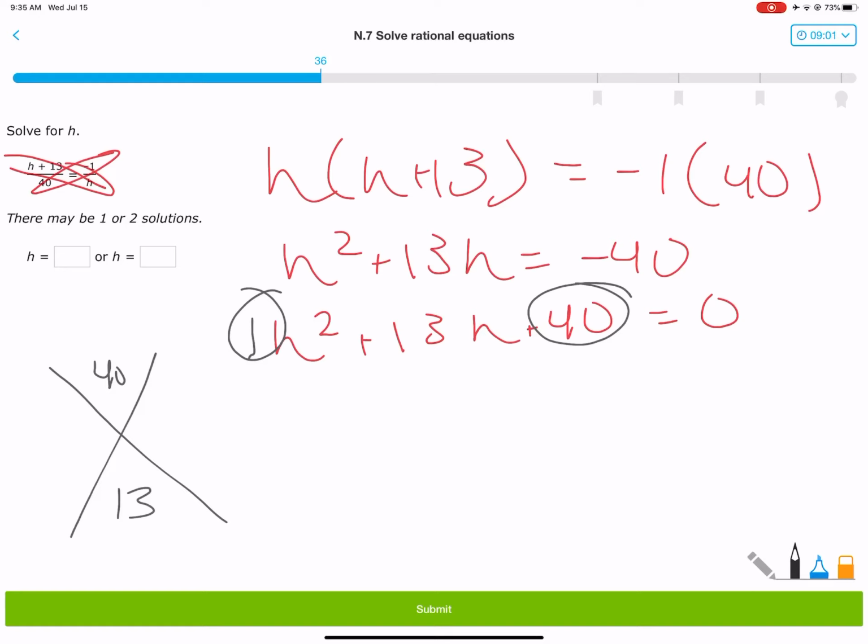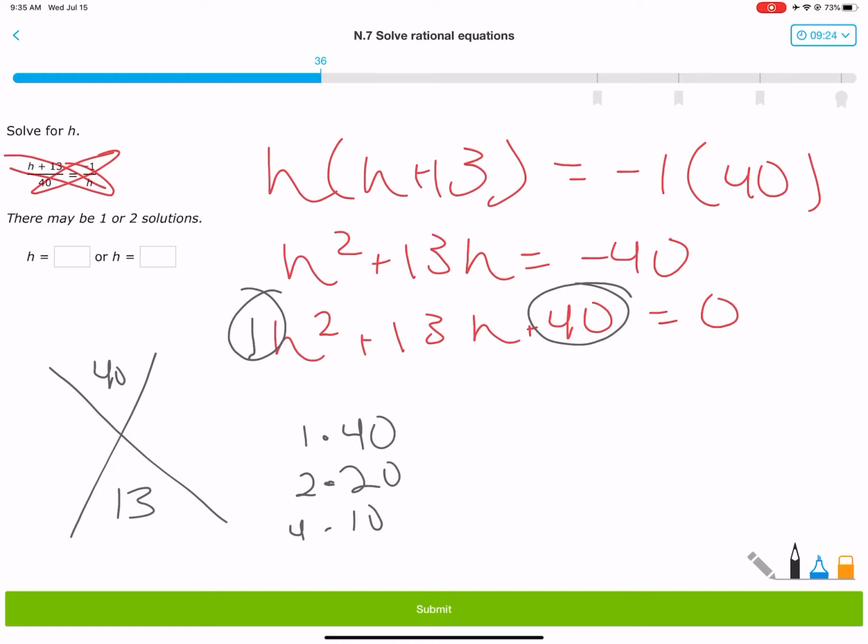So we can make a list. So there's 1 times 40. Those won't add to give you 13. 2 times 20. That won't be 13. 3 doesn't go into 40. We could do 4 times 10.